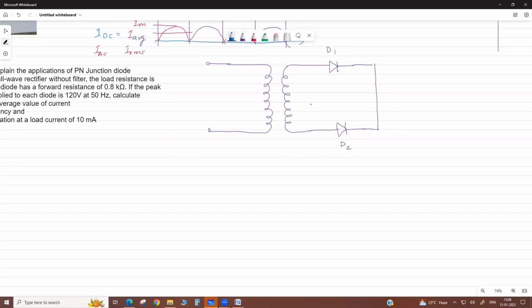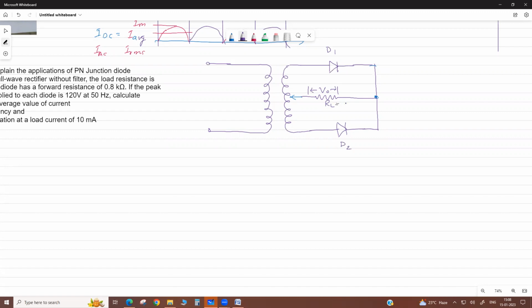Without filter, this is your center tapped secondary. This is your load resistance RL. Across this load, we measure the output voltage. This is the output of the rectifier.